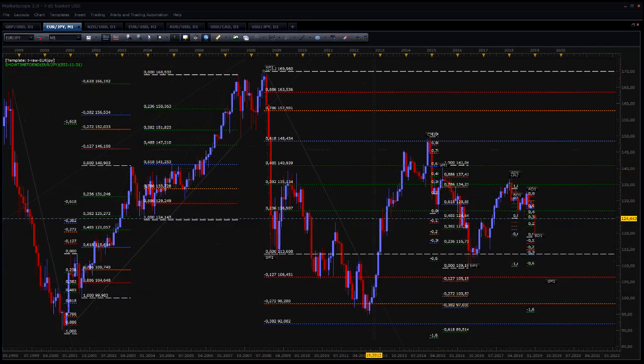You see, the market went out of the AB zone, found support at the 1.272 Fibonacci level.